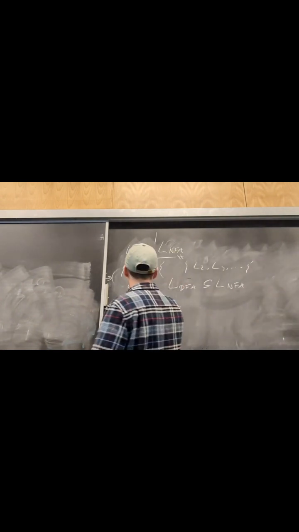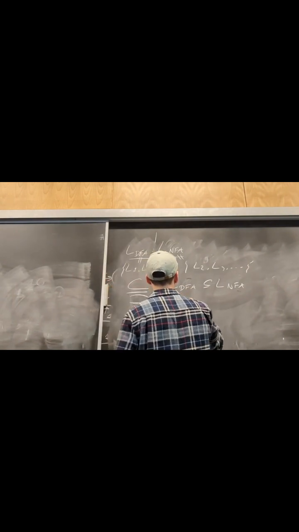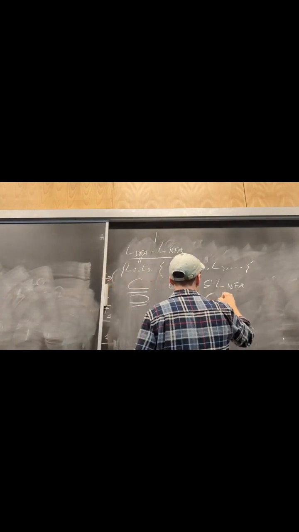The harder direction is this way, right? So why is it true that if you have an NFA, it also has an equivalent DFA, in the sense that the DFA accepts exactly the same language as the NFA? So the general intuition for this is that it's very similar to the product construction I was doing in tutorial 1. You can essentially simulate NFAs with DFAs, right?